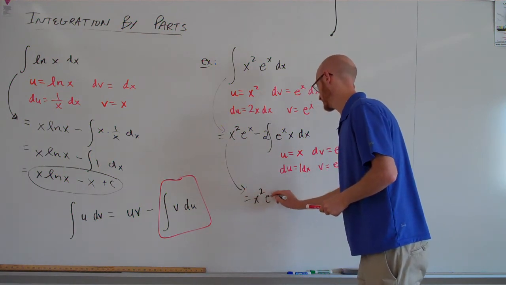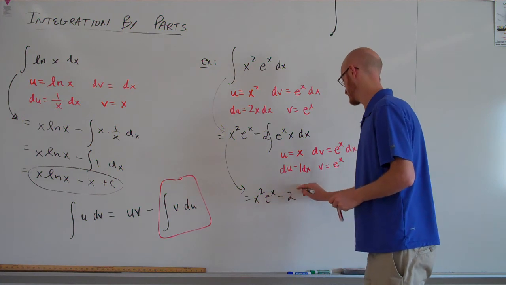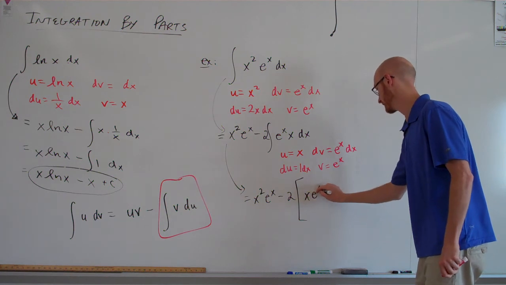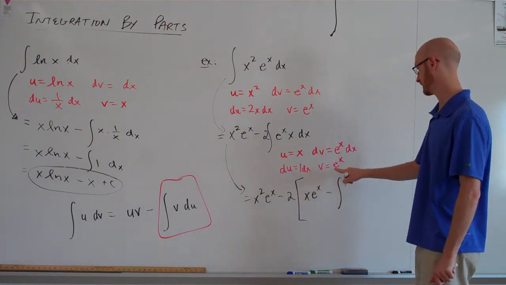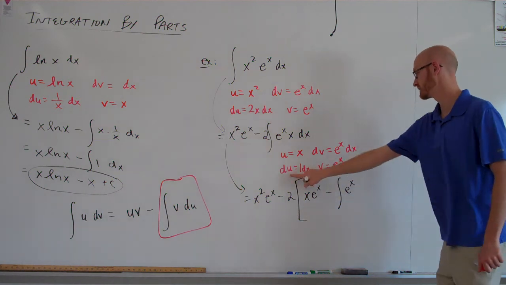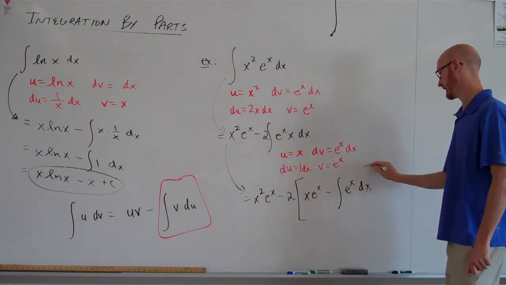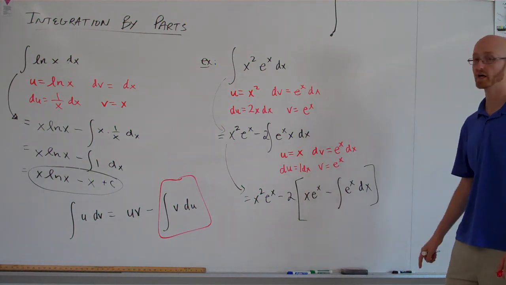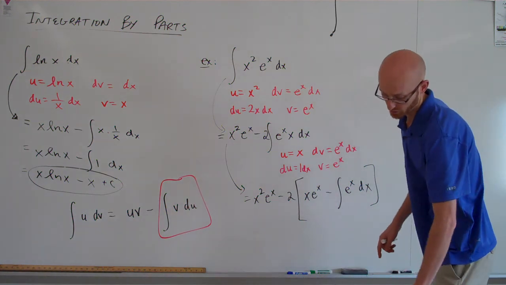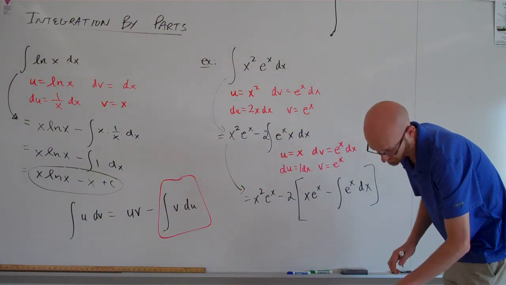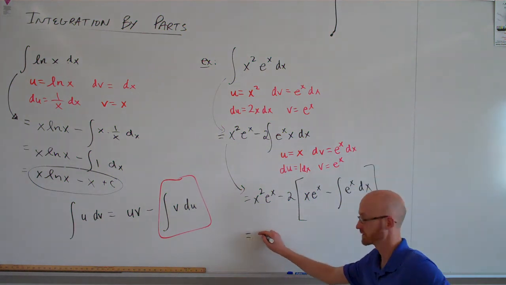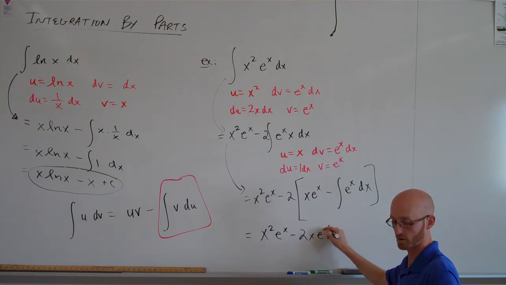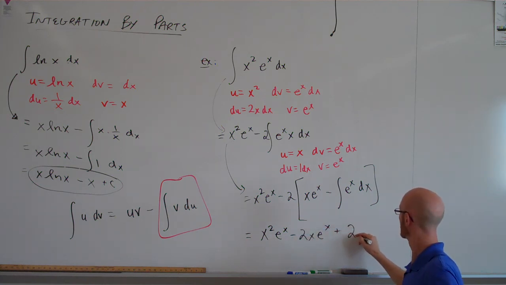That's x squared e to the x minus 2 of all these: u, v, x e to the x, minus the integral of v du, which is e to the x times 1 dx. And here I'm sure you can see that the rest of this will be pretty simple because the integral of e to the x is e to the x. So let me just give you a final answer here. x squared e to the x minus 2x e to the x plus 2e to the x plus c.